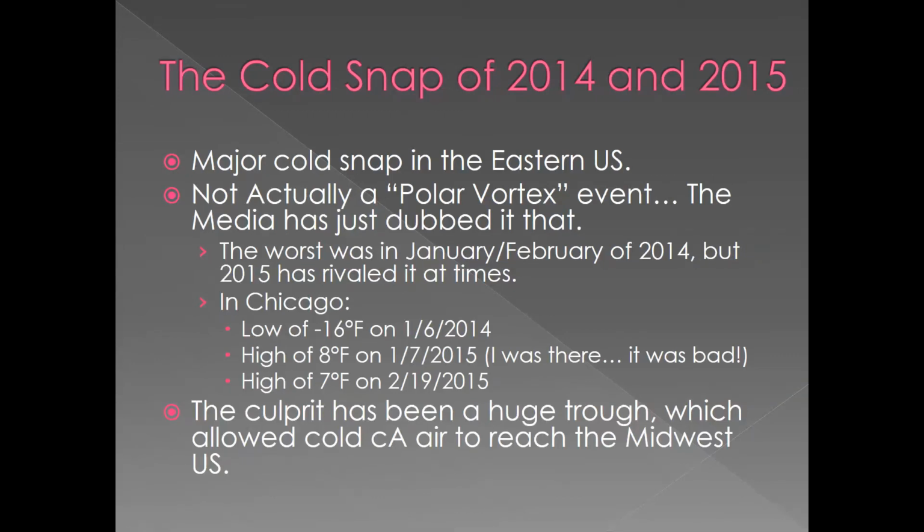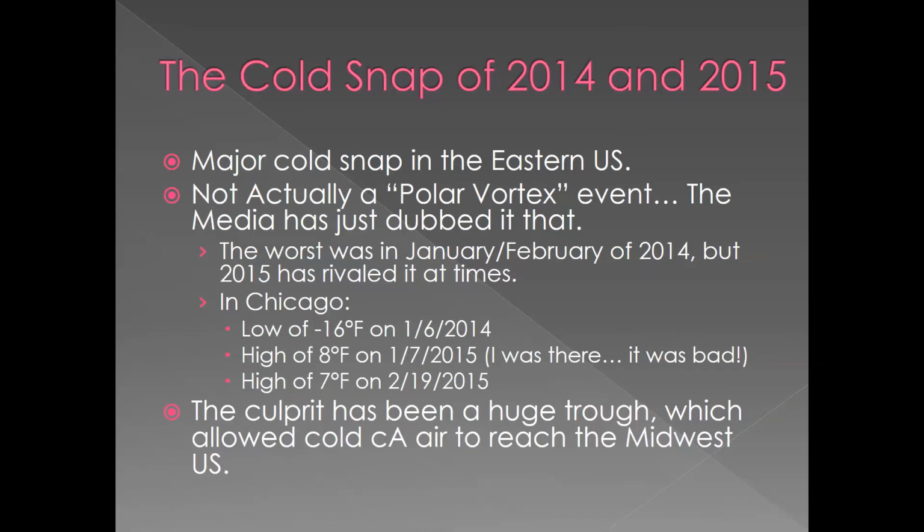And this created extremely low temperatures, such as a low of -16 on January 6, 2014, a high of balmy, sultry, sweaty 8 degrees on January 7th, 2015, and a few weeks later, a high of 7 degrees on February 19th, 2015. These are substantially below average temperatures.